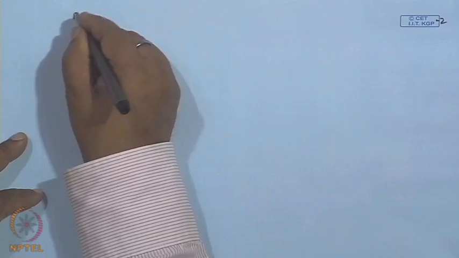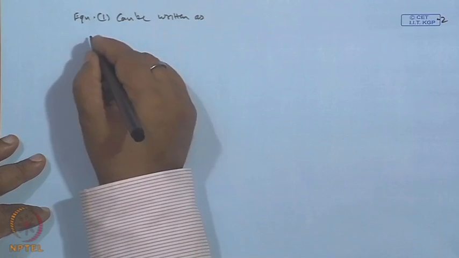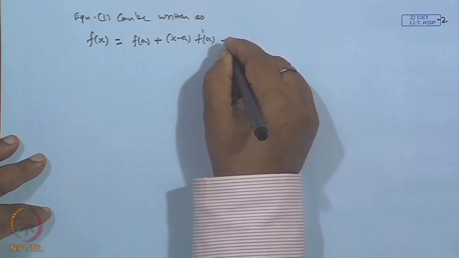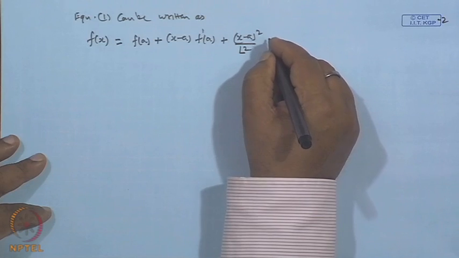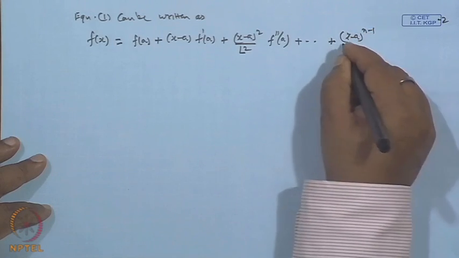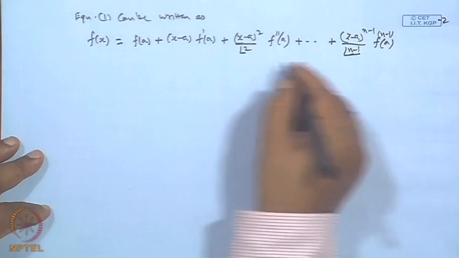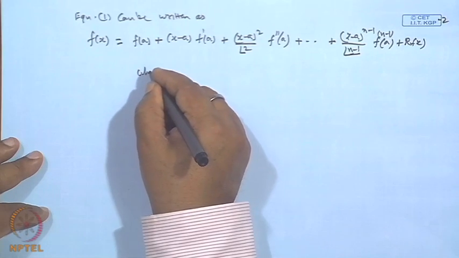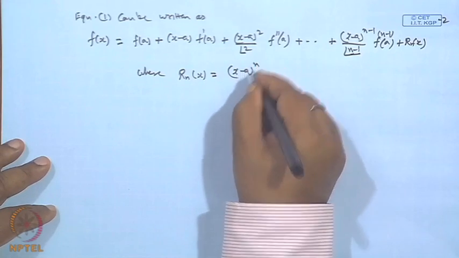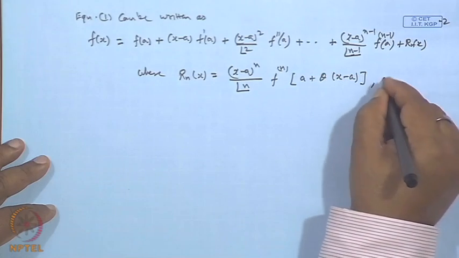Then equation 1 can be written as f of x equal to f a plus x minus a f prime a plus x minus a whole square over factorial 2 f double dash a plus so on up to x minus a to the power n minus 1 over factorial n minus 1 times the n minus 1 derivative at the point a, plus the remainder term R n x, where R n x is x minus a to the power n divided by factorial n times the nth derivative at the point a plus theta x minus a, where theta lies between 0 and 1.